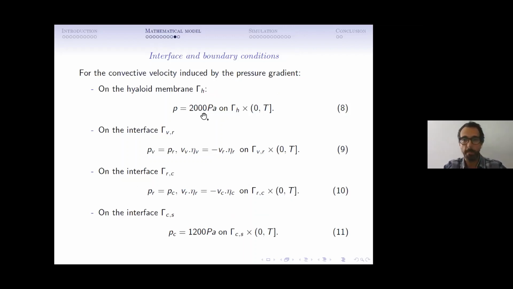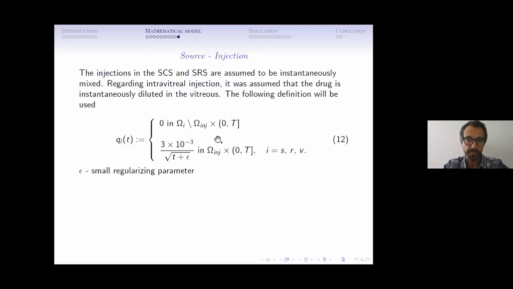That is the pressure that is measured near the ciliary body, and on the vessels that exist in the choroid, we assume the blood pressure, and we assume the continuity of the pressure to solve the problem for the aqueous humor.